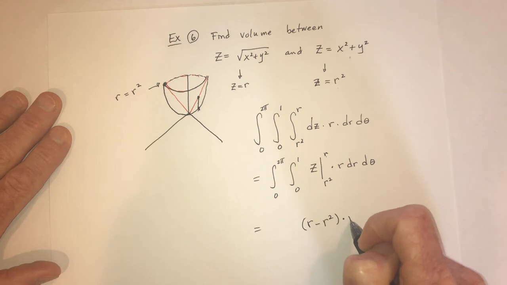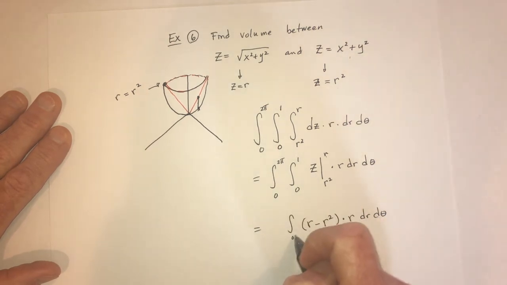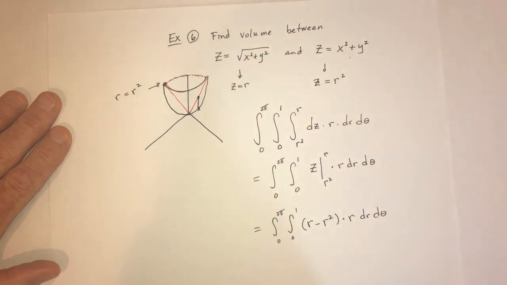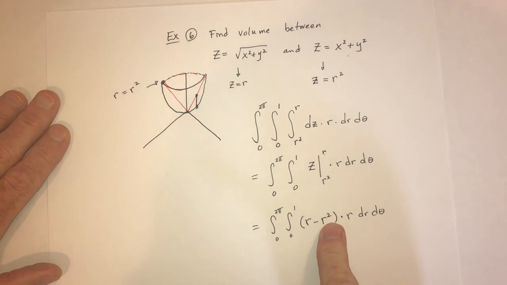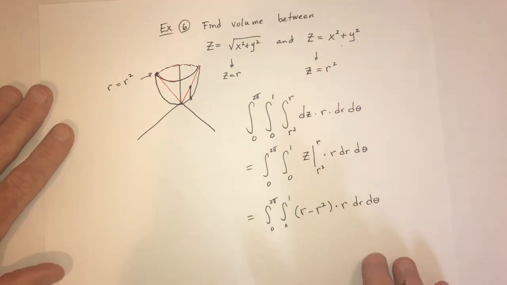And then it's still multiplied with r dr d theta. And now this only has r information and this only has theta information, so we could do those at the same time.